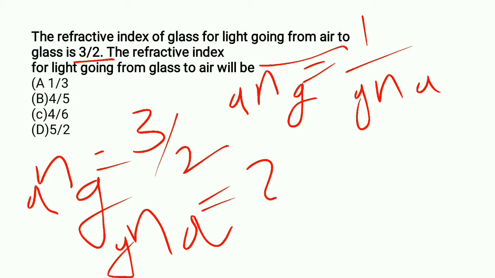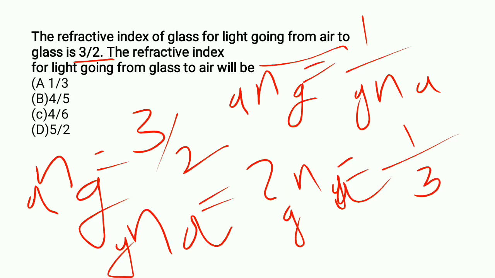So you can write the refractive index of air to glass as 1 divided by the refractive index of glass to air, which is 3/2.